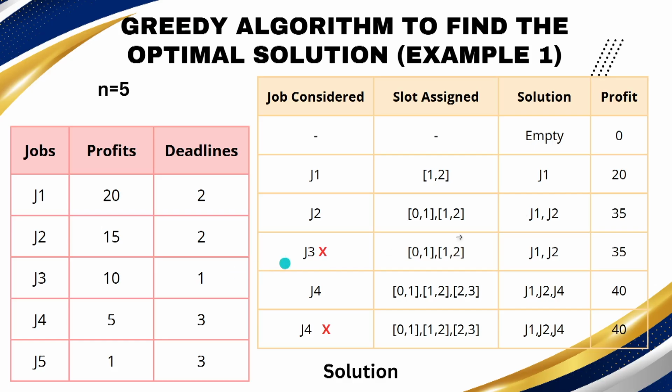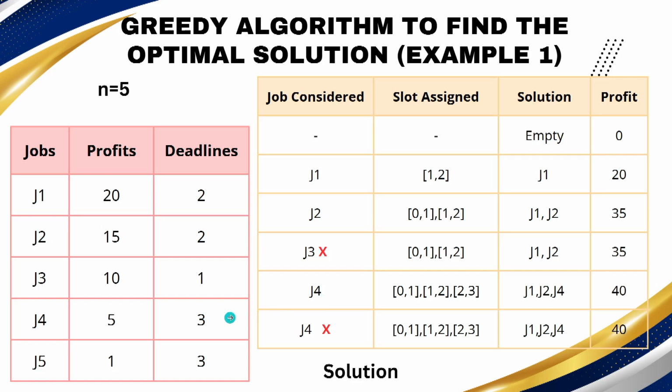Next we consider the third job, whether that can be included as a part of our schedule. But its deadline is 1 o'clock, and by 1 o'clock the machine is not free. So, we cannot consider job 3 in our schedule. The profit is still 35, and we avoid taking up job 3. Next we try job 4.